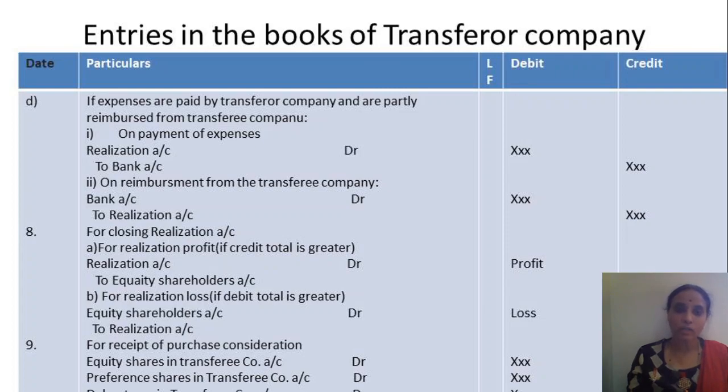So whichever way it is received, we make the entry. The entry here is: for receipt of purchase consideration, equity shares in transferee company account debtor, preference shares in transferee company account debtor, debentures in transferee company account debtor, cash or bank account debtor to transferee company account. So this is the journal entry to be passed in case of receipt of purchase consideration.